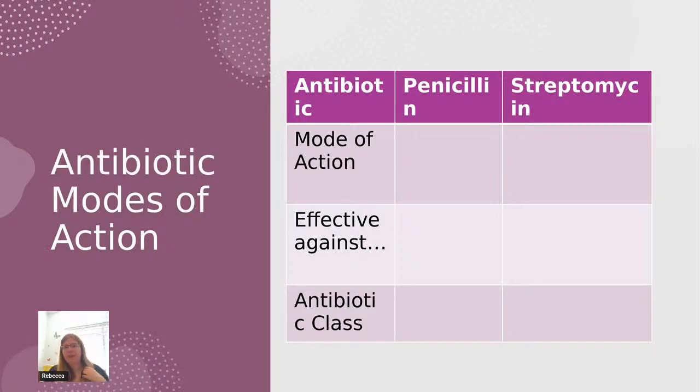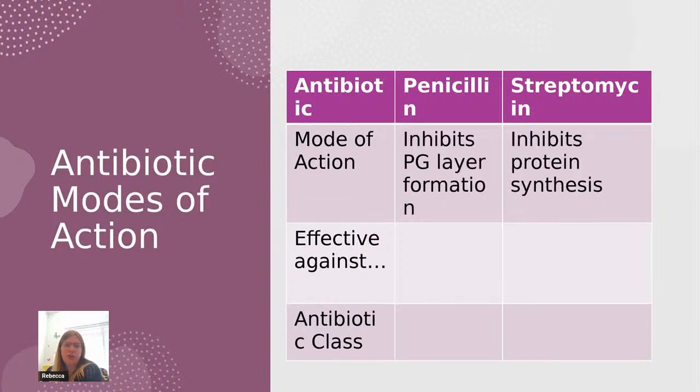The two antibiotics that we looked at in lab this semester were penicillin and streptomycin. Penicillin, right, inhibits the peptidoglycan layer formation. So PG is for peptidoglycan layer. Would you think that that's going to be more effective against gram-positive bacteria or gram-negative bacteria?